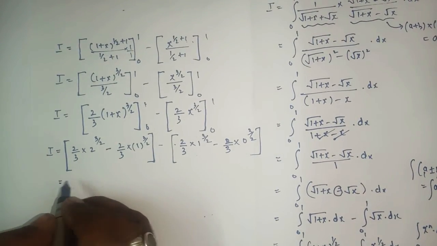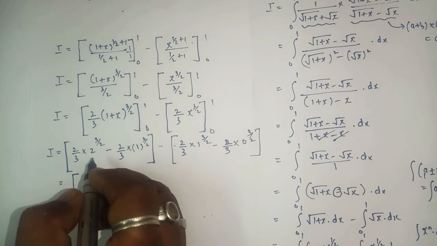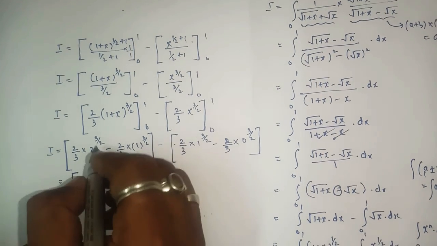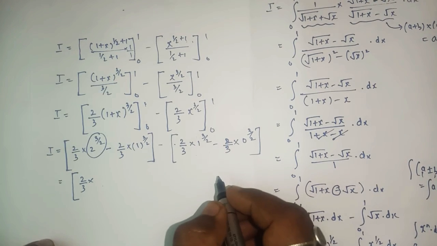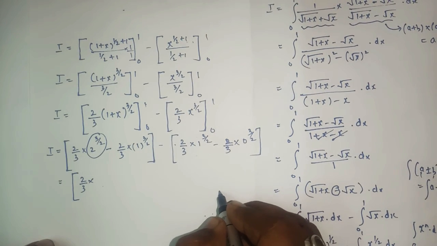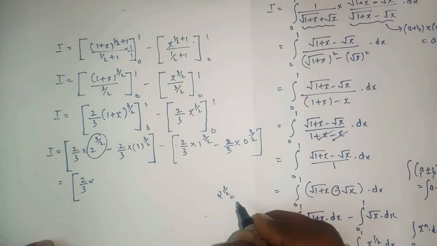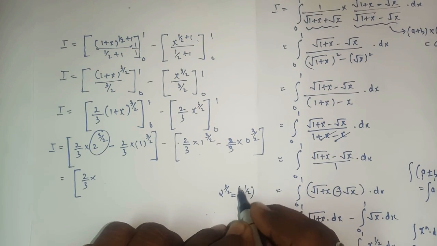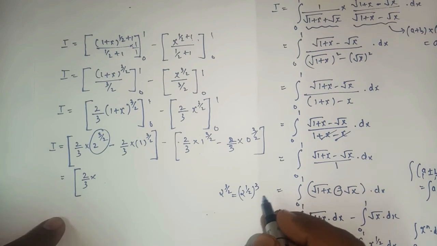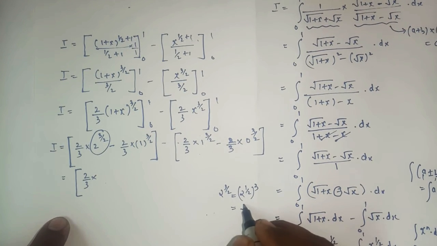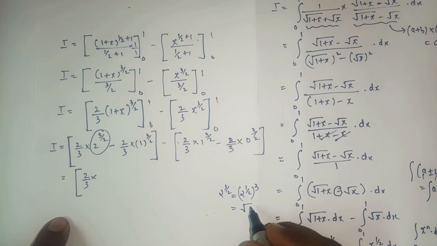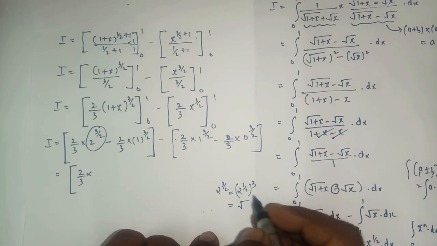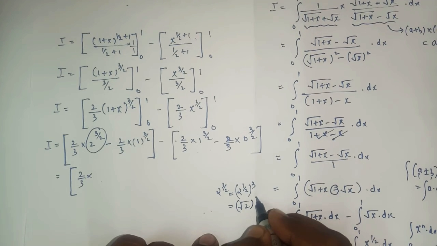Okay, so therefore 2 by 3 into this 2 raised to 3 by 2 we can write as what, 2 raised to 3 by 2 as (2 raised to 1 upon 2) the whole cube, yes or no? And 2 raised to 1 upon 2 we can write as root 2, so root 2 the whole cube.